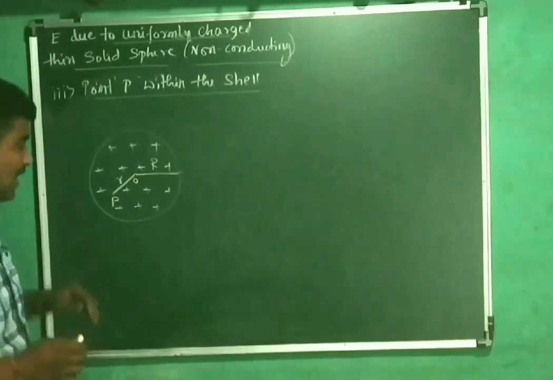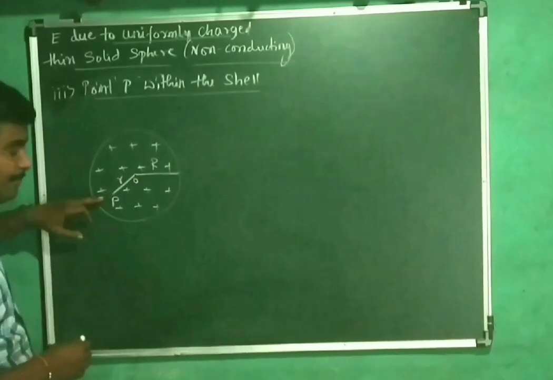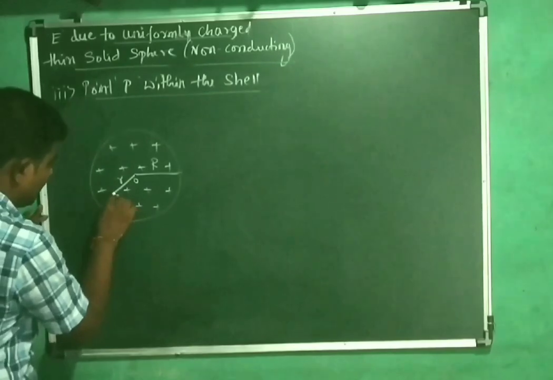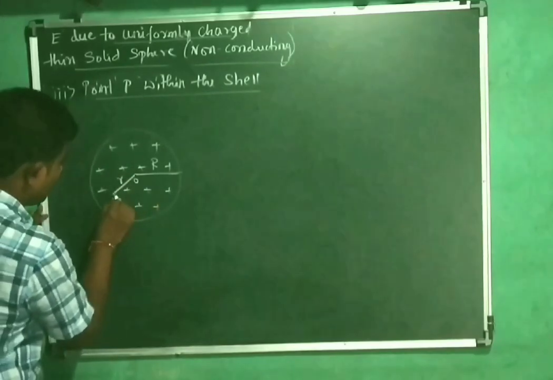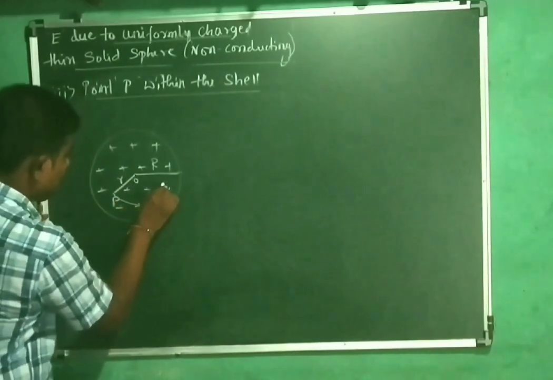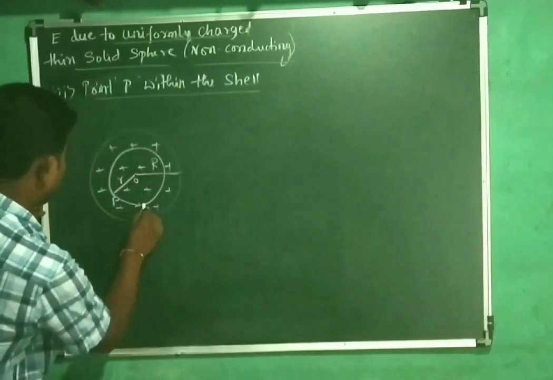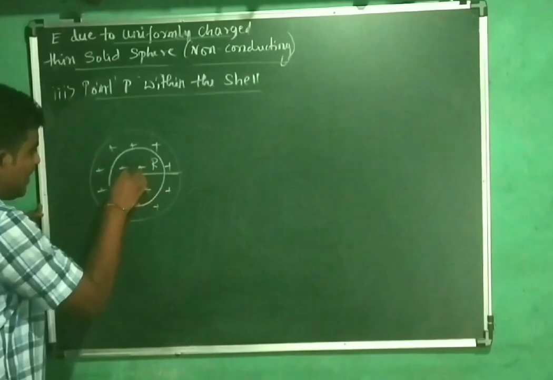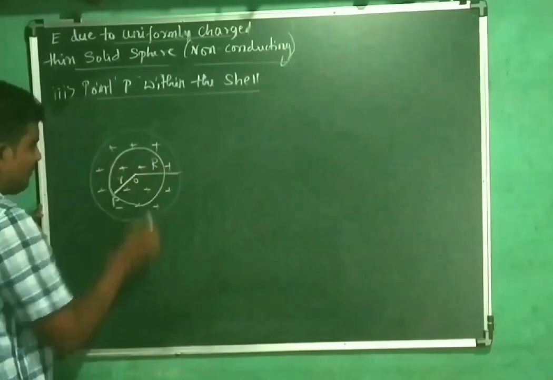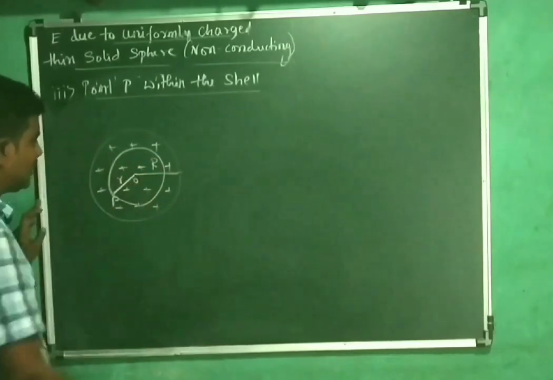In order to find out electric field intensity at point P, we shall draw a Gaussian surface in the shape of another shell, this way. And what is the radius of this Gaussian shell? It is r.